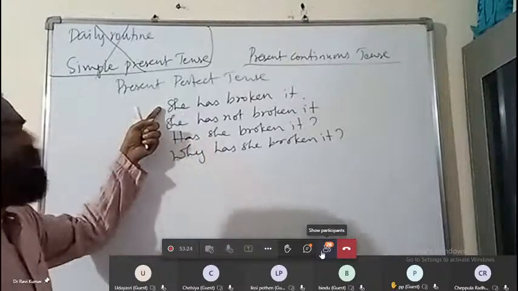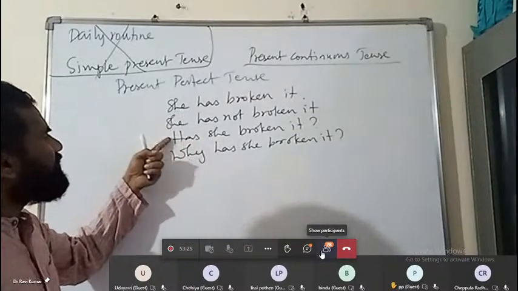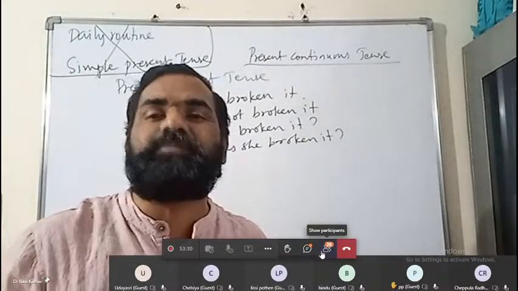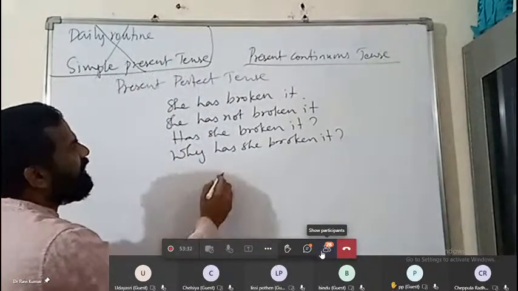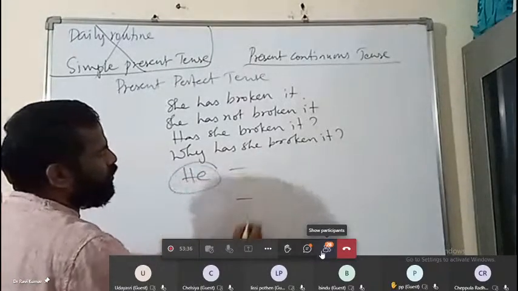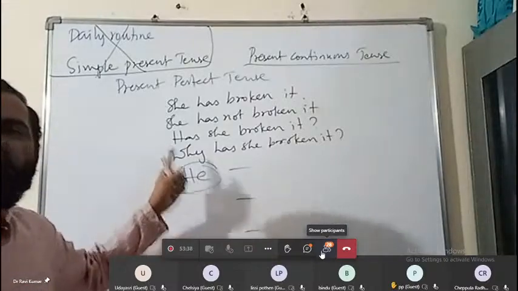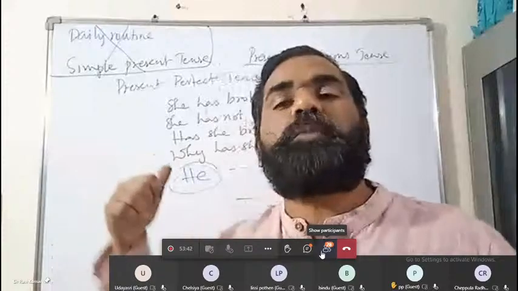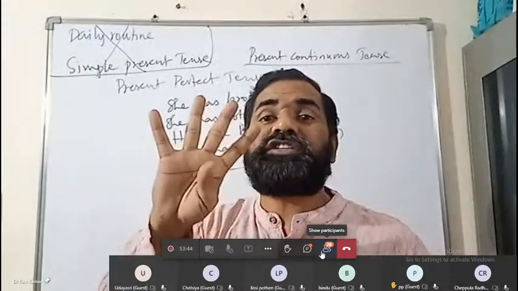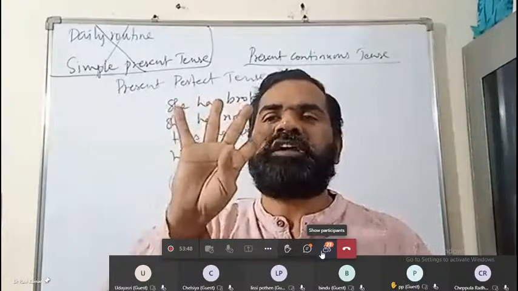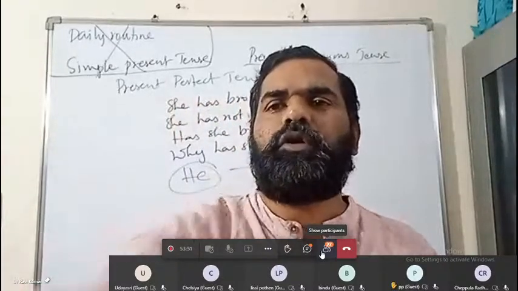Okay, once again: positive, negative, yes or no question, WH question, and it is a singular subject. Now you can try with he. 1, 2, 3, 4. I've given you an example with she. Now you are supposed to write with he. 4 sentences, please. Positive, negative, yes or no question, WH question. All right?